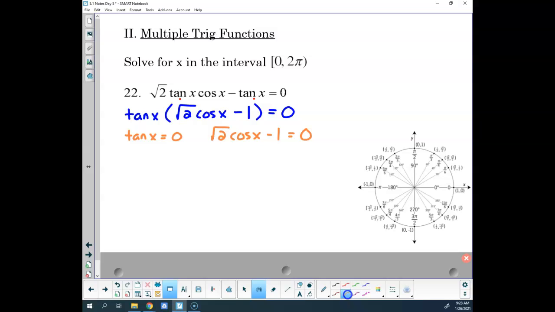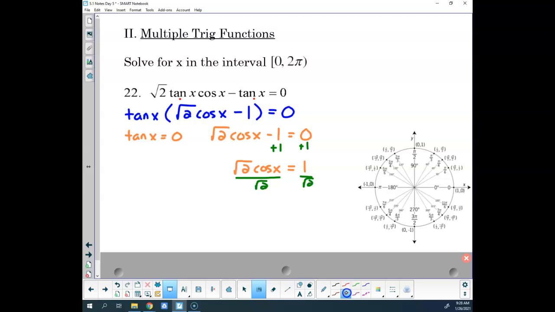Tangent of x equals 0. I've solved for the trig function. For the cosine of x one, I'm probably going to have to add 1 to both sides. That would give me the square root of 2 cosine of x equals 1. Then I would divide by the square root of 2.